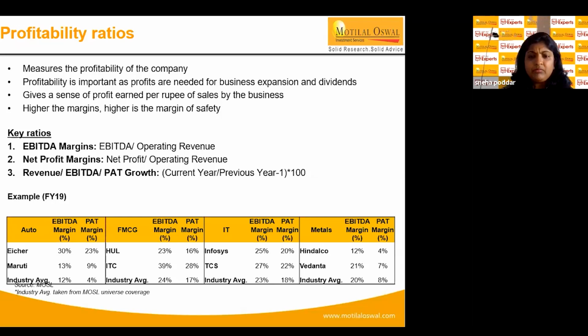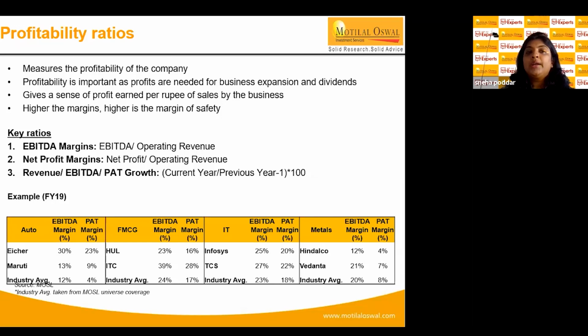Now, it varies from industry to industry. For example, the consumer companies, the IT companies, the auto companies enjoy very good EBITDA margins compared to your other industries, like metals and infra, where the margins are comparatively lower.